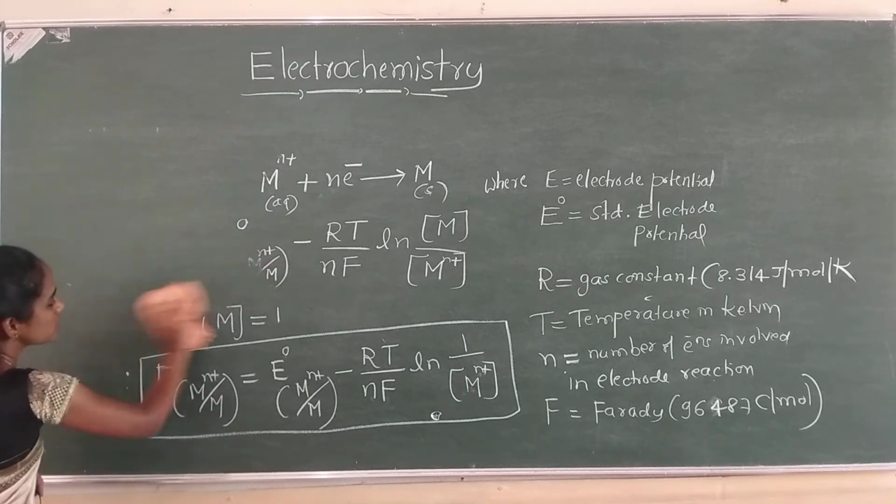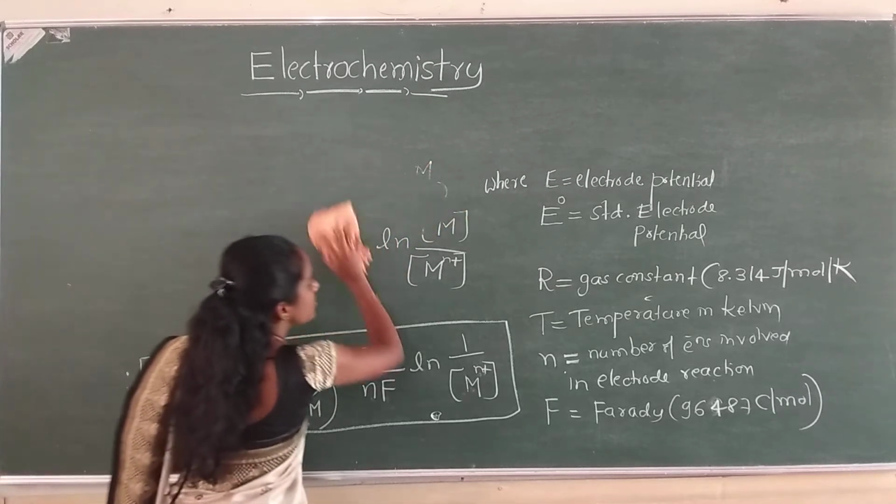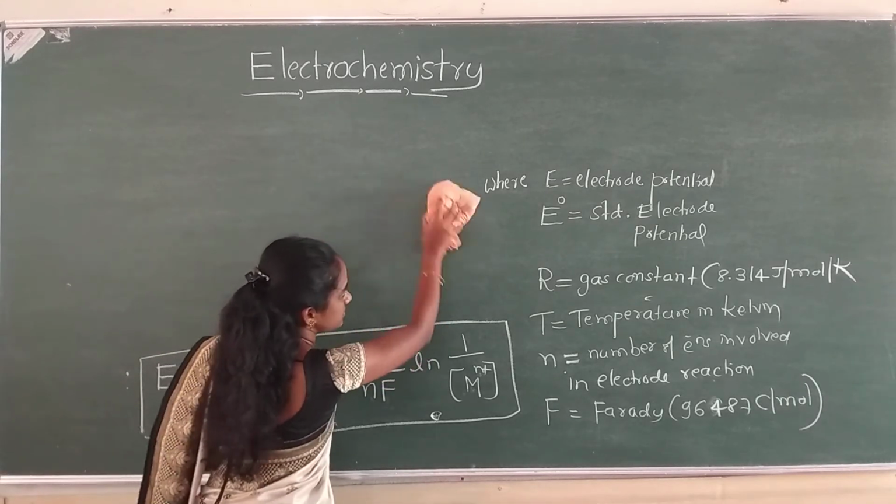Next, using this Nernst equation, we can also find the EMF of the cell.